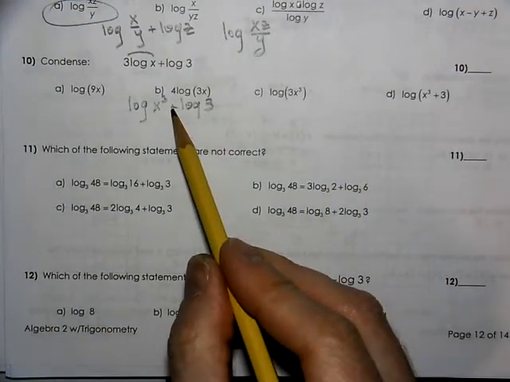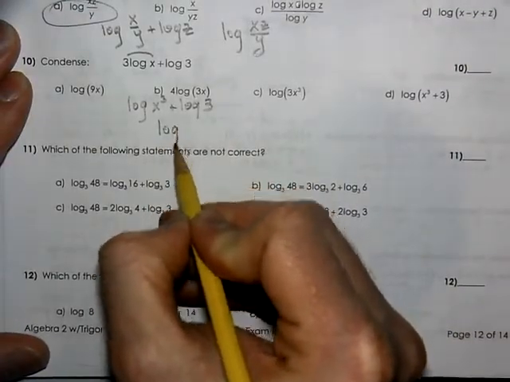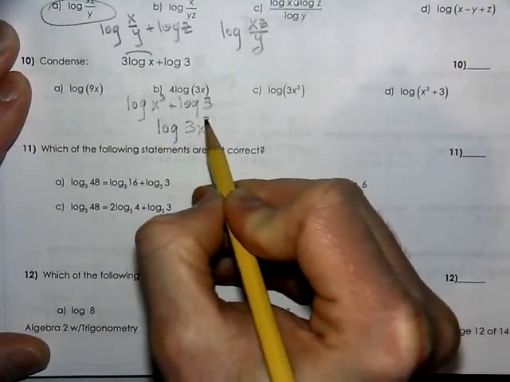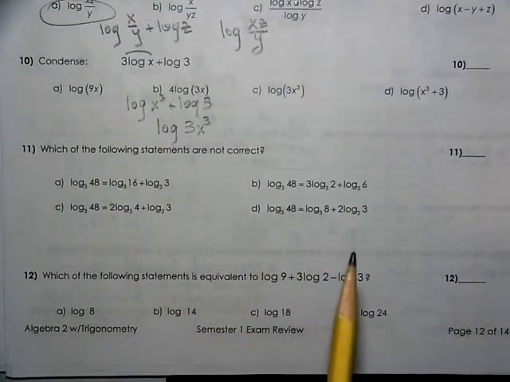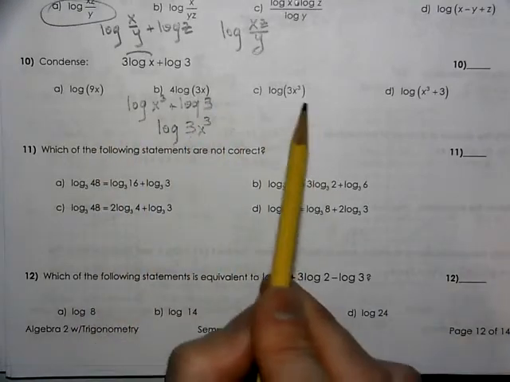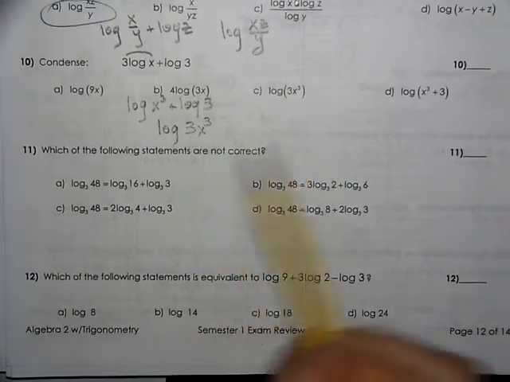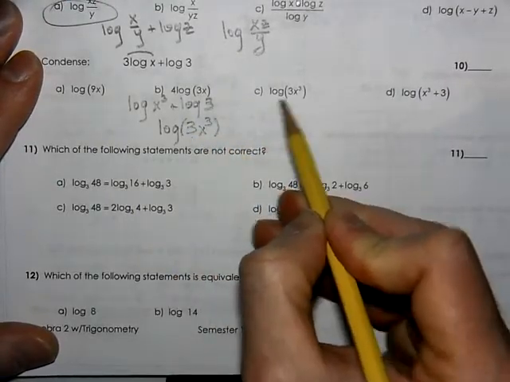And then adding two logs together means that we are going to multiply what you're taking the logarithms of. And the parentheses would mean that you're taking the logarithms of both of those.